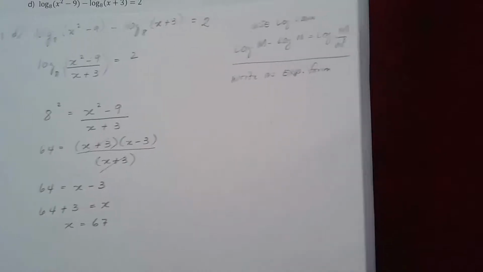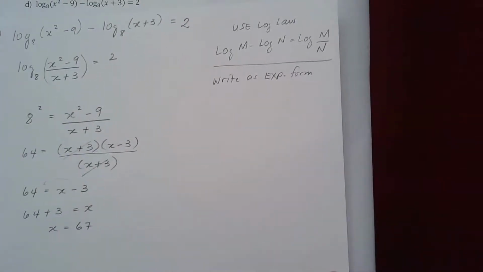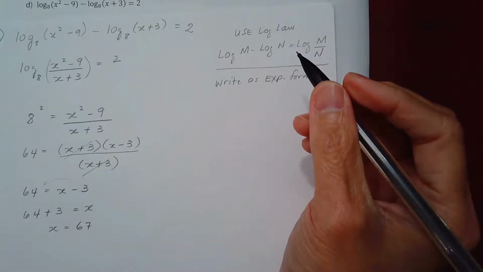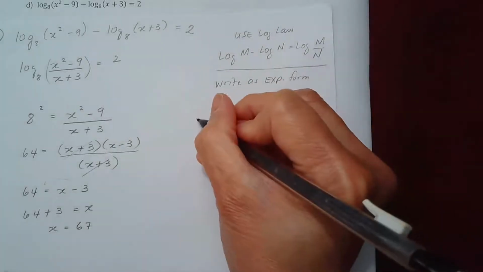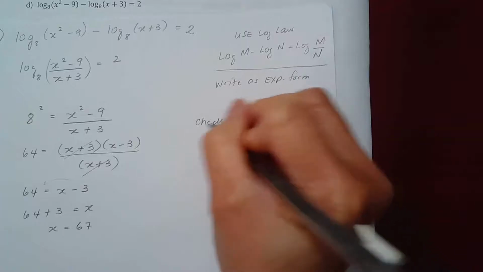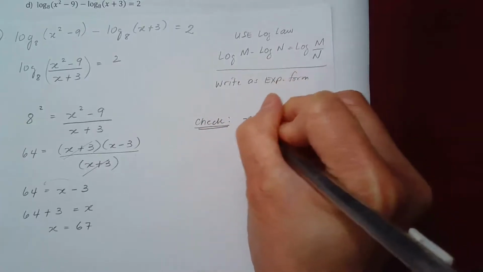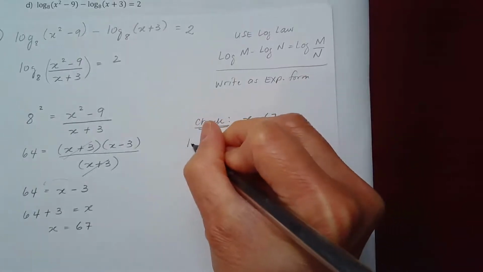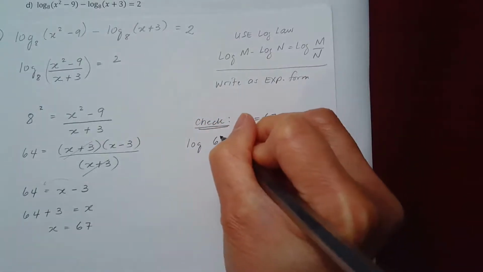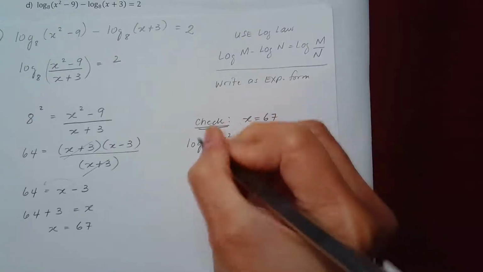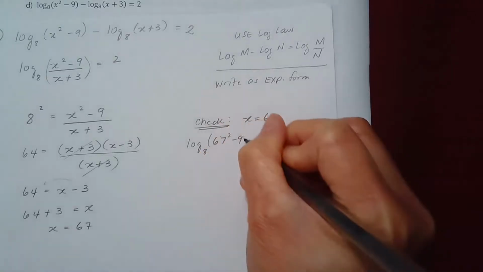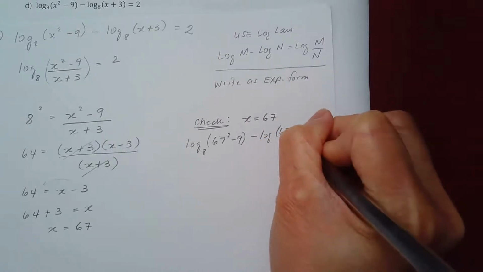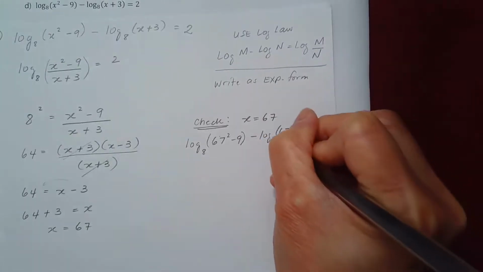Okay, now let's do checking. x equals 67. So it's going to be log of 67 squared minus 9 base 8 minus log of 67 plus 3 base 8.